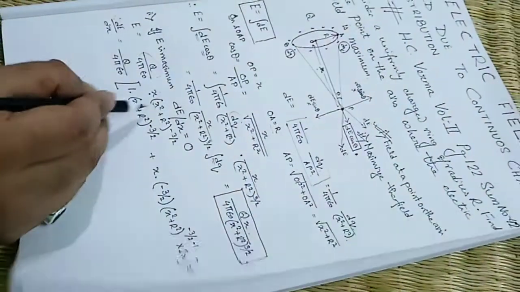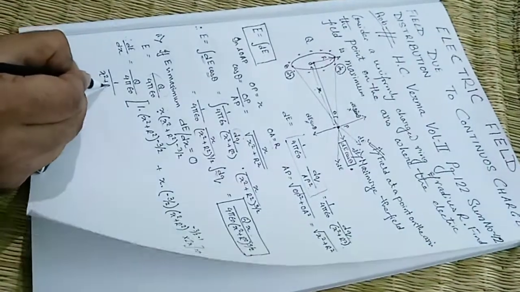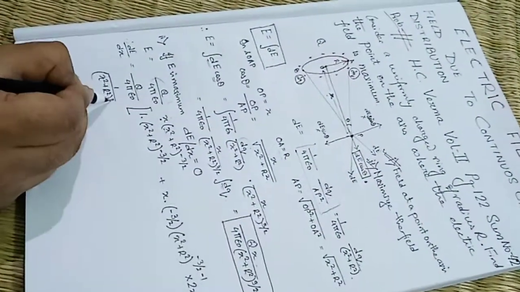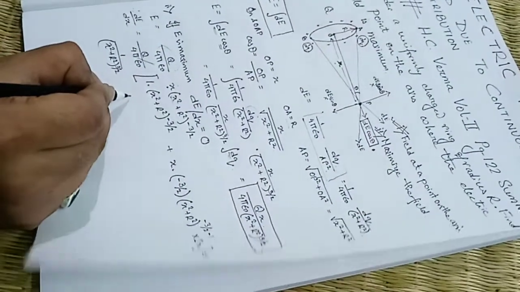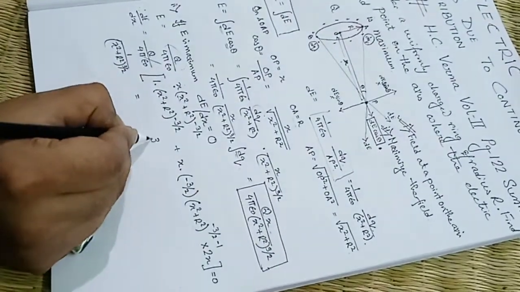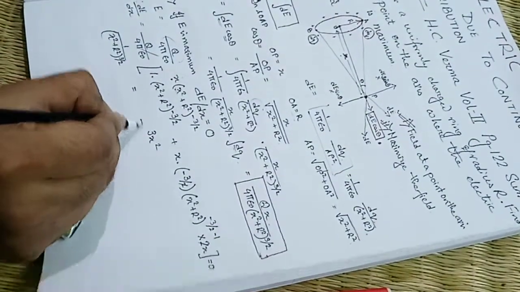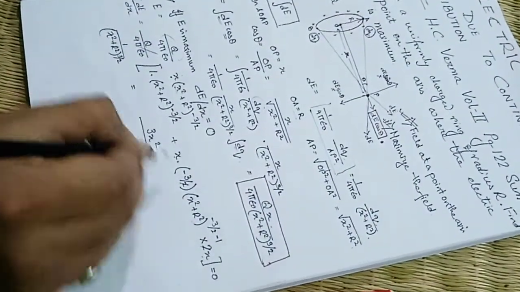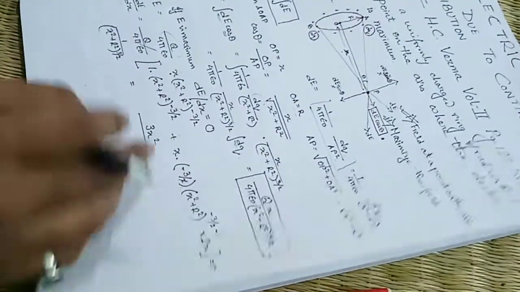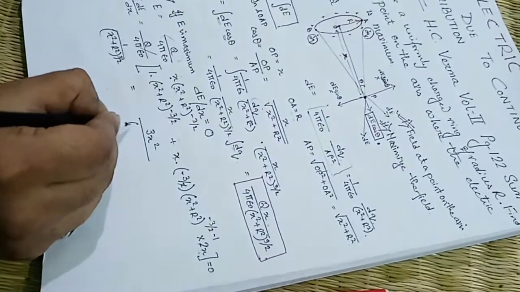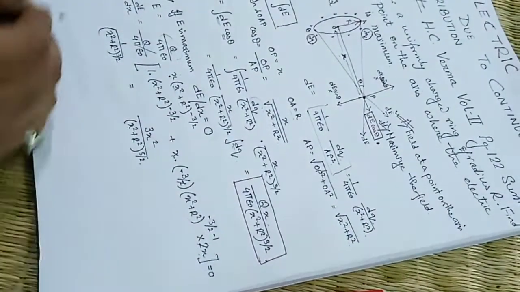Right? So if I simplify it, it simply becomes 1 by x square plus R square whole to the power 3 by 2. This 2 cancels as it is a constant, equals to 3x square. This x becomes x square, the minus becomes a minus sign here, and if I take it to that side it becomes plus. It becomes x square plus R square whole to the power 5 by 2.